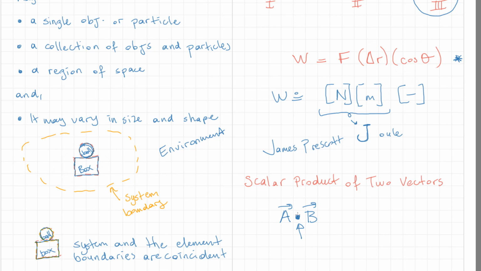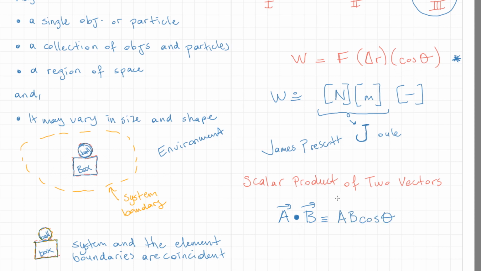And like I said before, the scalar product is the equivalent of the multiplication of their magnitudes times the cosine of the angle between them. As you can see, this equation and this equation are very similar, and we are going to use the scalar product often to carry out operations like calculating the work required.